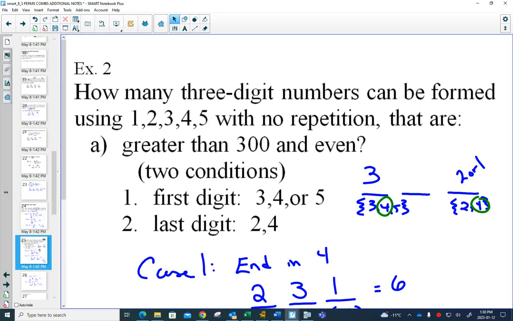You only have 2 cases, right? If you broke up the first case, you could have made 3 cases, which wouldn't be wrong. You just might write more. It would take a little bit longer. So this is one typical kind of case question where they give you more than one restriction, and you have to figure that out.